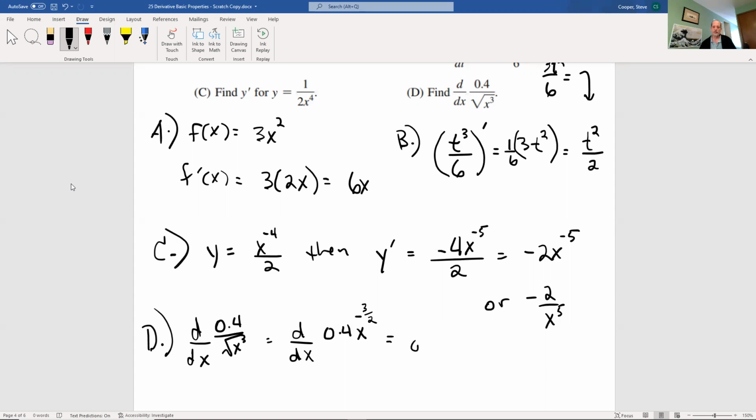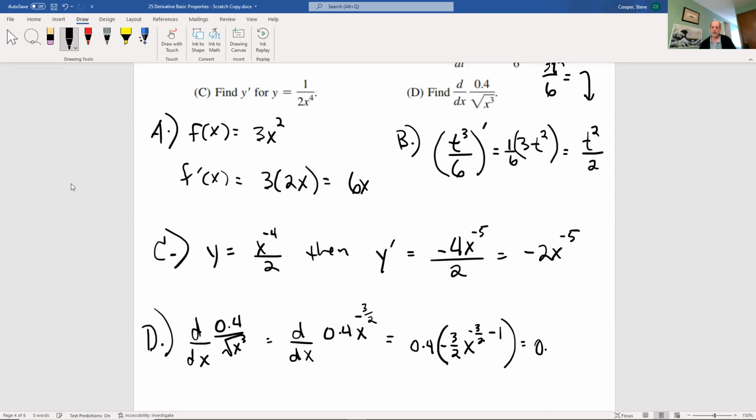I'm just going to take this 0.4 and take the derivative of x to the negative 3/2, which is negative 3/2 x to the negative 3/2 minus 1.